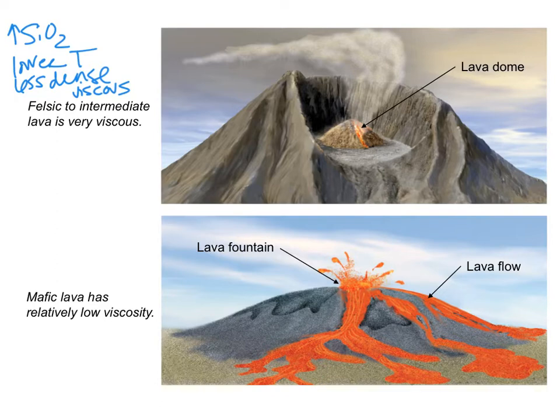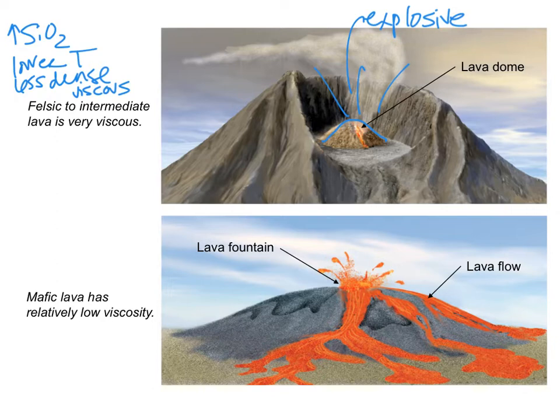So because they are more viscous, they tend to form things like these domes, which eventually build up and become so pressurized that they explode in really violent or explosive eruptions. So lava domes or plugs leading to explosive eruptions are characteristic of felsic lavas.